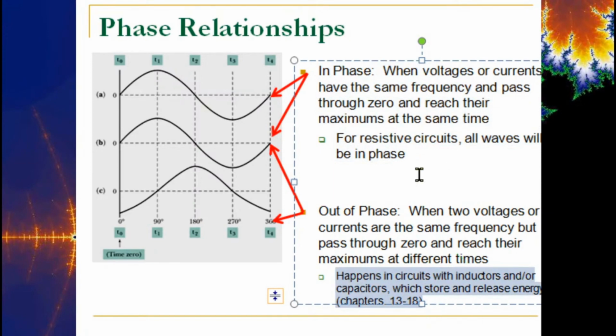So when you're out of phase, that means two voltages or currents are the same frequency, but pass through the zero and reach their maximums and minimums at different times. You can't have one resistor that has one frequency and another resistor that has another frequency. That doesn't make any sense, unless you had two competing AC sources for whatever reason.